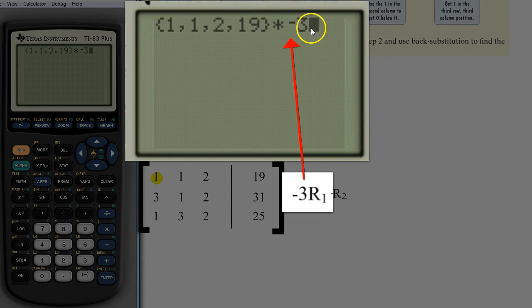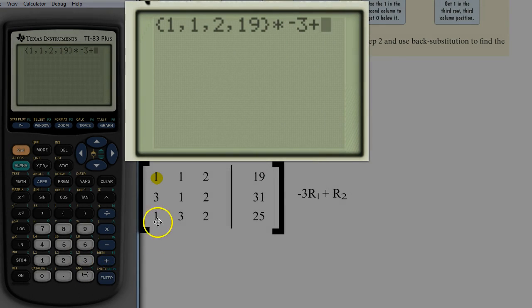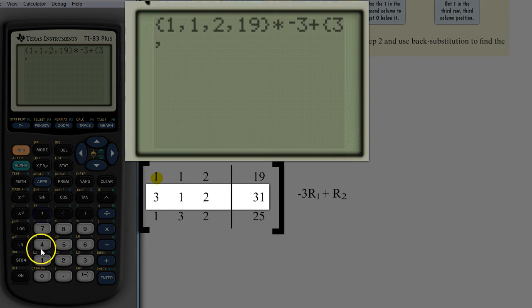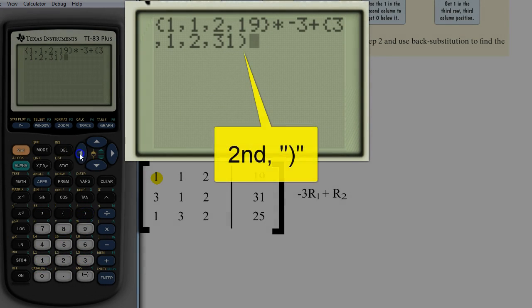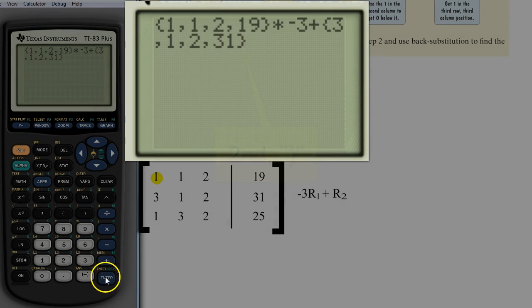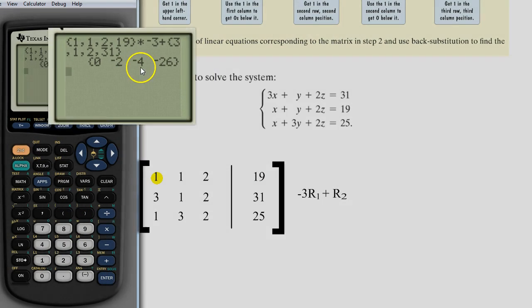It's going to multiply those numbers times -3, and then plus, and then add the second row. So second parentheses again for that little set bracket. Type these numbers, always separated by commas. 3, 1, 2, 31. And always close it with a set bracket. Then enter. And there's what we would get if we did this.